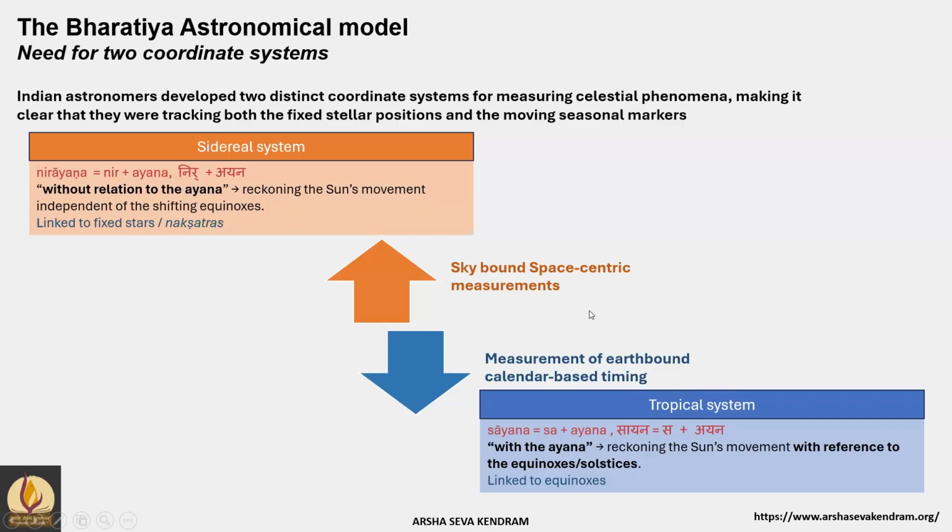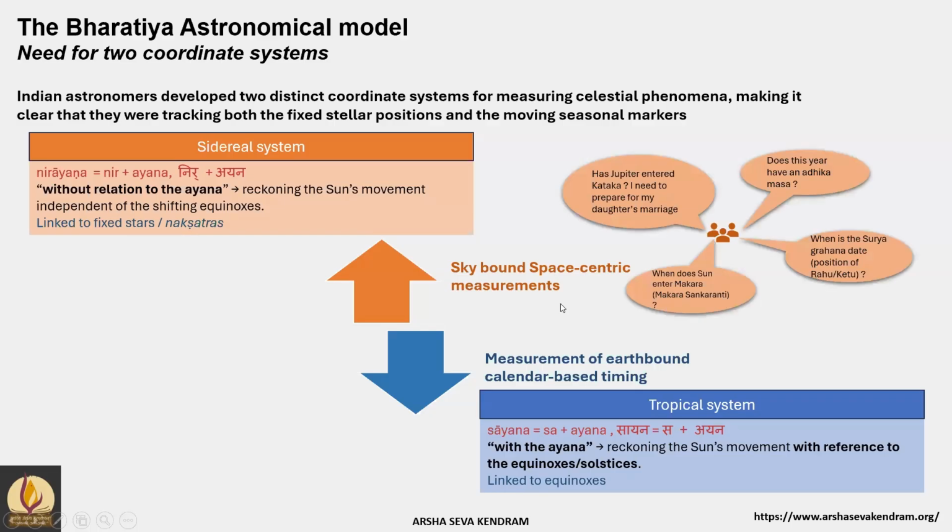So they needed these two calendrical systems for different reasons. For example, the skybound space-centric measure is for questions like when did Jupiter enter Kataka? Because I want to perform the marriage of my daughter when Jupiter enters Kataka. In order to answer such questions, I will use the Nirayana system.